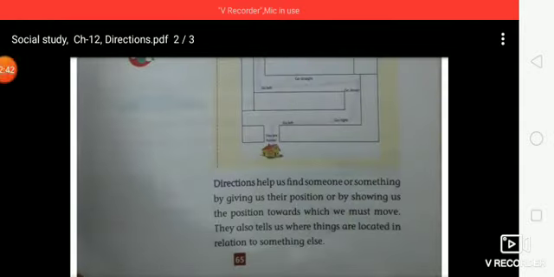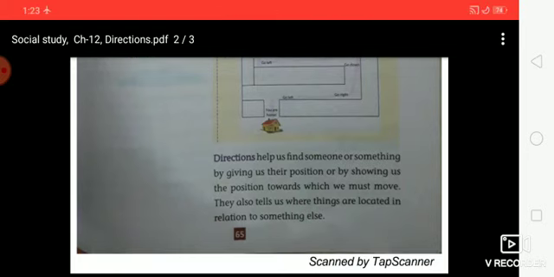Directions help us find someone or something by giving us their position, or by showing the position toward which we must move. It also tells us where things are located in relation to something else.